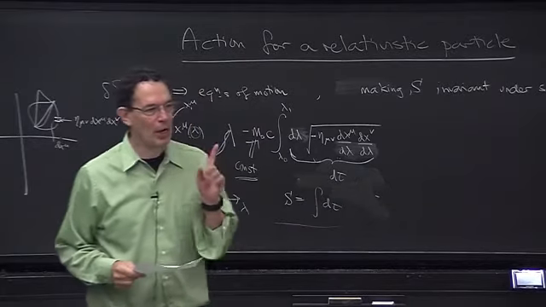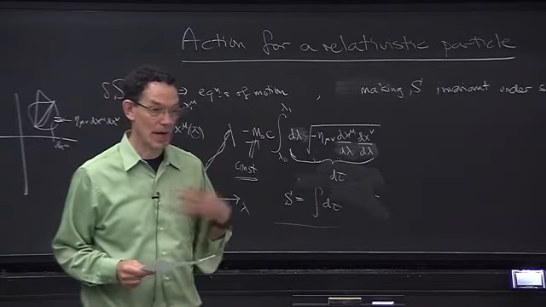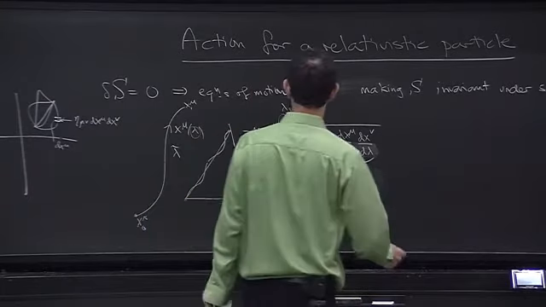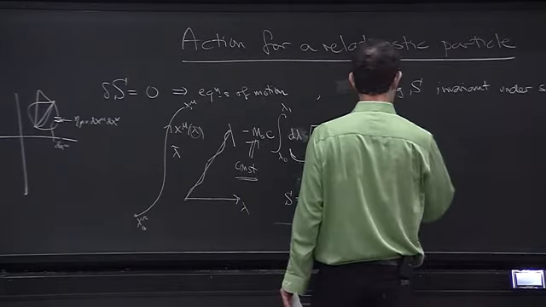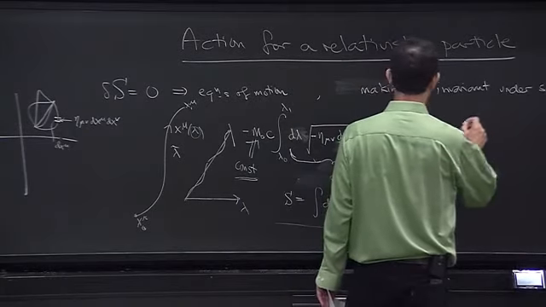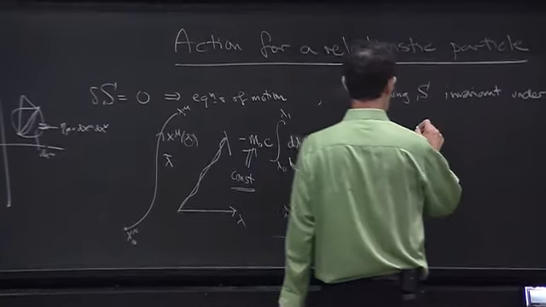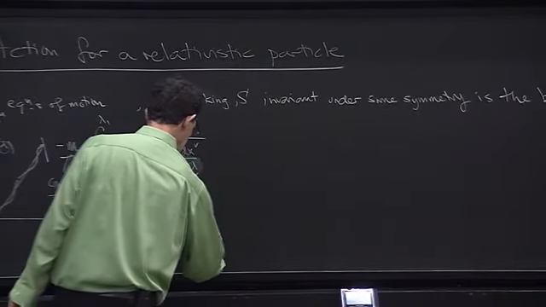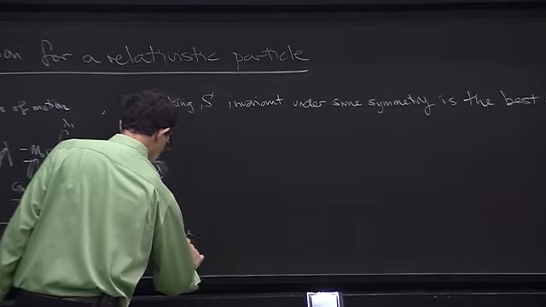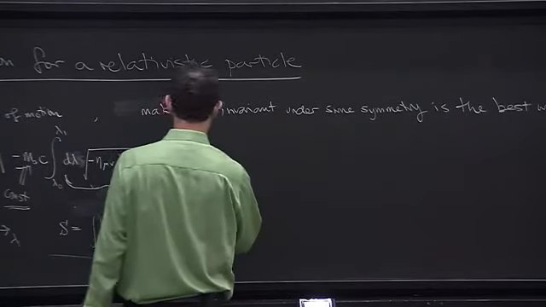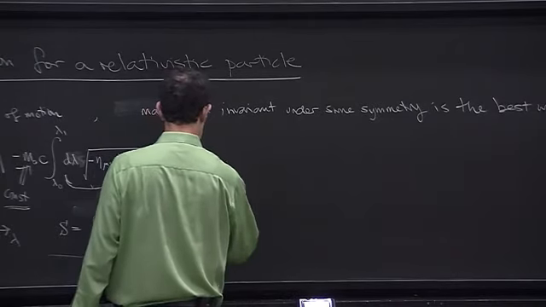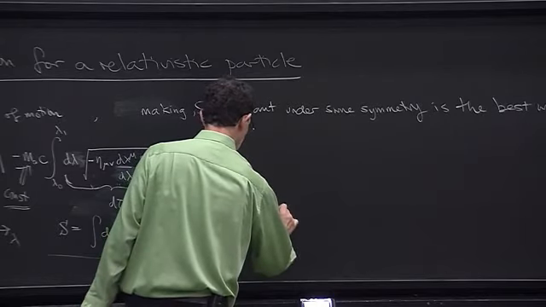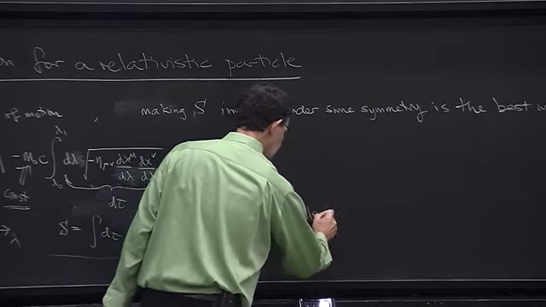Let's imagine that our particle couples to electromagnetism, has a charge. It's an electrically charged particle, right? So the question is, how am I going to couple? This is the free particle action. But now I want to add the coupling to electromagnetic fields.